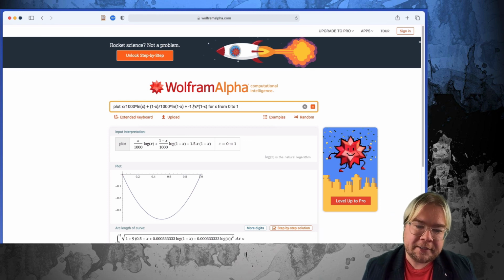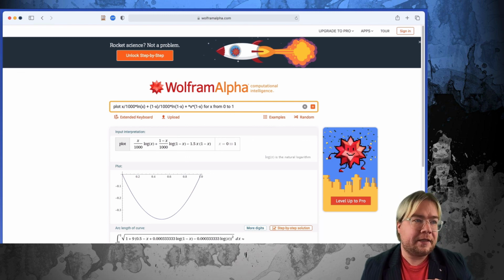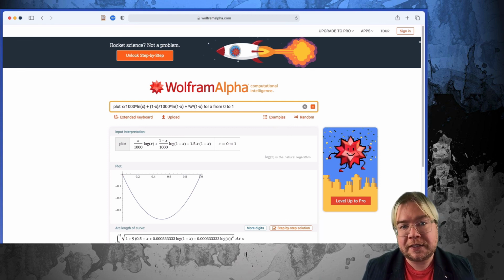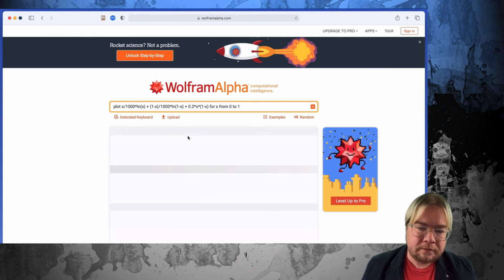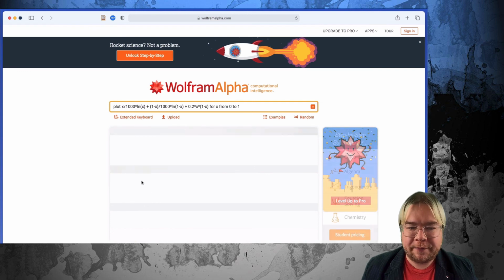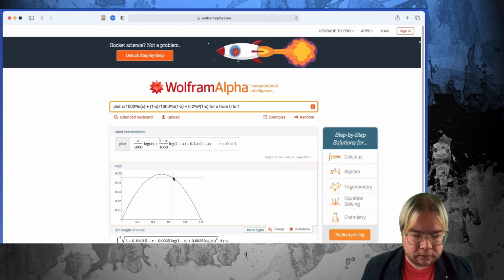If I make this positive, then what this means is that the interaction parameter is such that opposite interactions, so between A and B, are less favorable than interactions between particles of the same type. So if I was to make this 0.2, it probably won't have a big effect. I was wrong because I have something else in there.